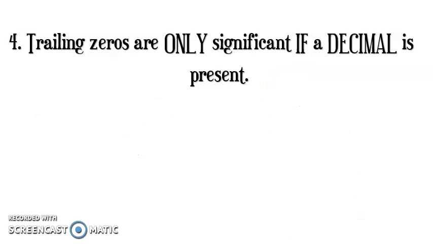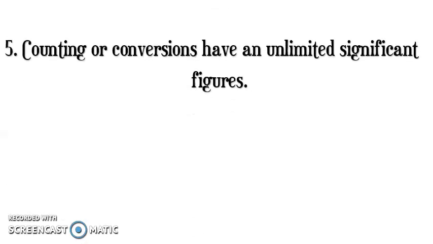And lastly, counting and conversion factors have unlimited significant figures, which means that they're not going to limit the amount that you're counting with. So let's do a practice problem. Let's say we're solving for the volume of this square.